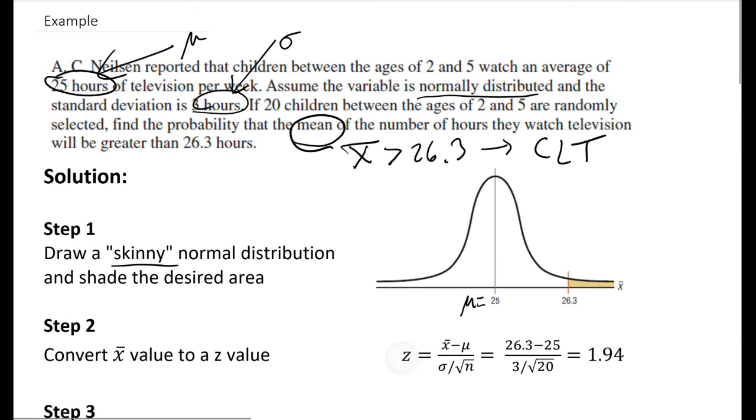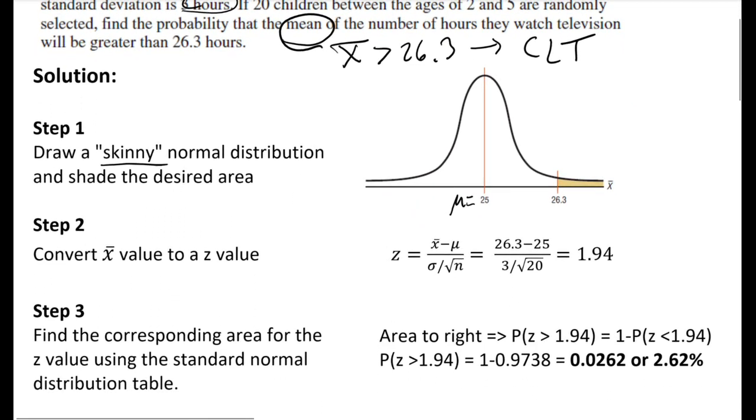All right, so first step, draw the skinny normal distribution and shade the area we want to the right. Greater than means to the right, so we shade to the right of 26.3. Step 2, convert the x bar value to a z value. We're going to be using the central limit theorem z-score for this. So we plug in the numbers.